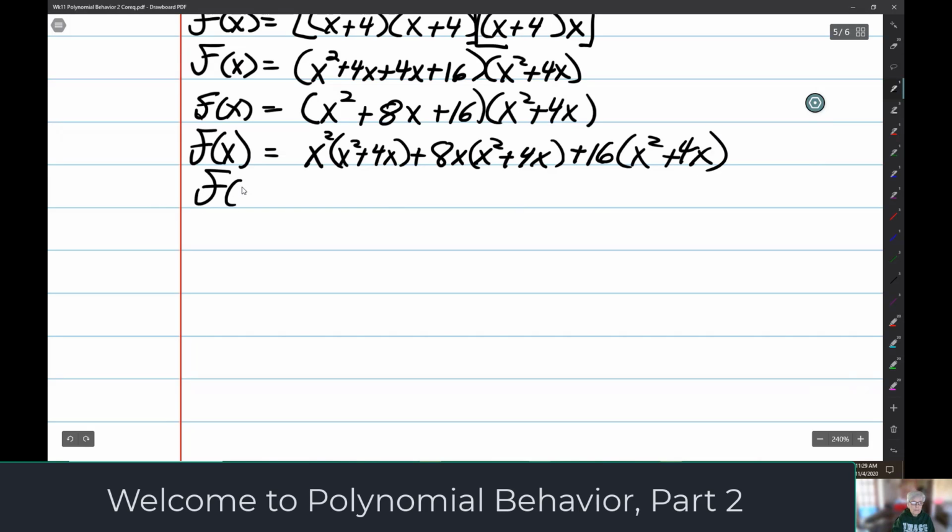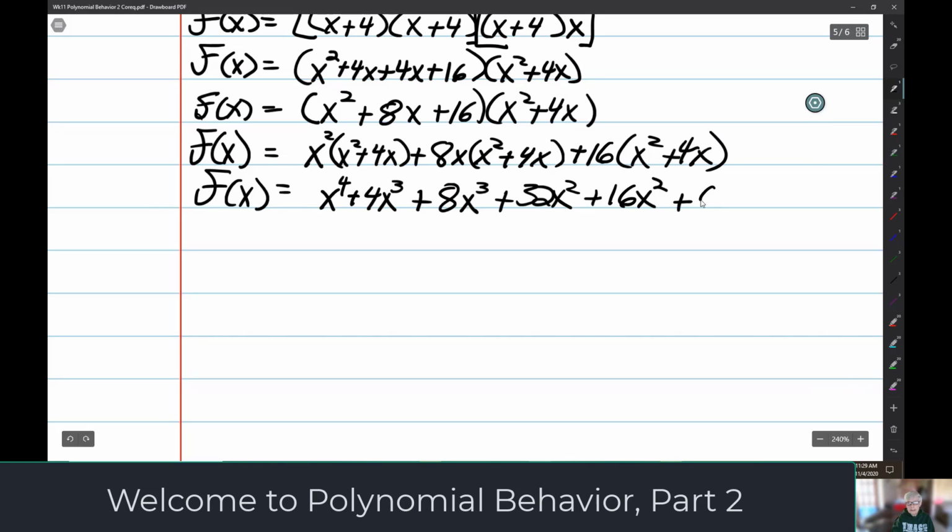So this will be f of x equals x to the 4th plus 4x to the 3rd plus 8x to the 3rd plus 32x squared plus 16x squared plus 64x. Almost done. Just have to combine like terms now.